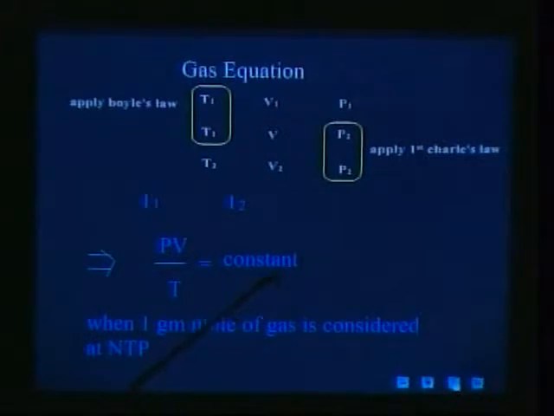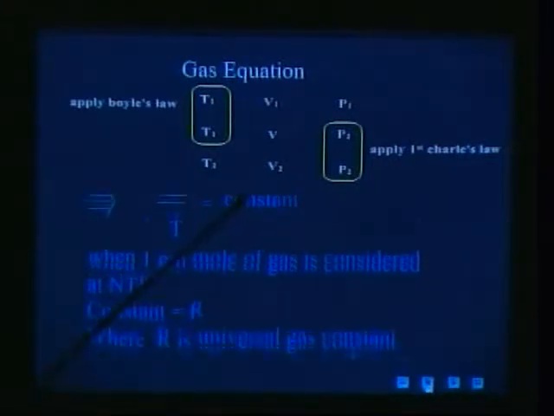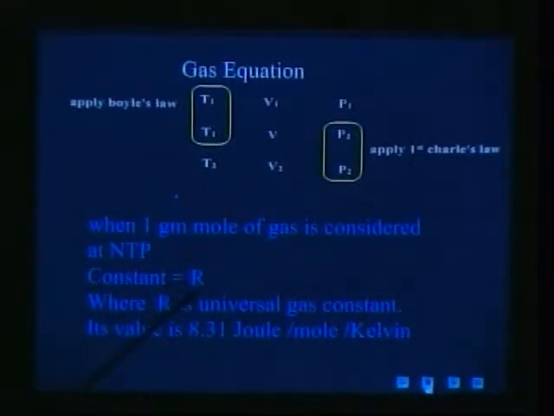When the mass of the gas is considered as 1 gram mole at normal temperature and pressure, this constant value is capital R, which is known as the universal gas constant, and its value is 8.31 joule per mole per Kelvin. Now, let us consider the compressions and expansions of gas.